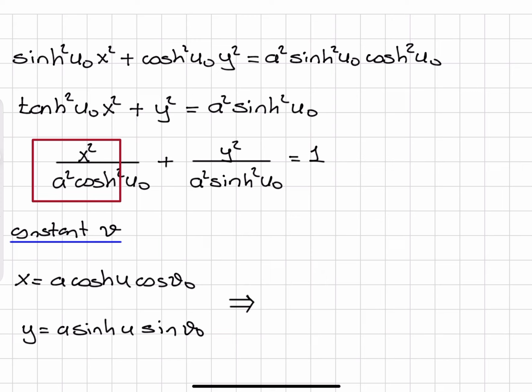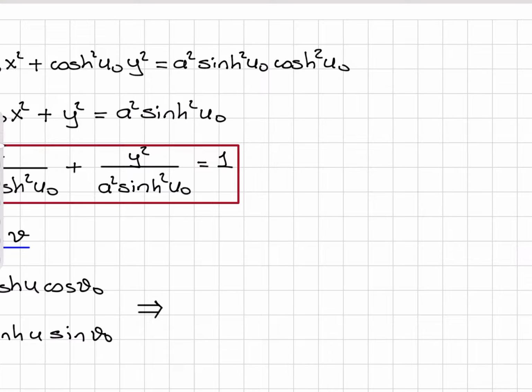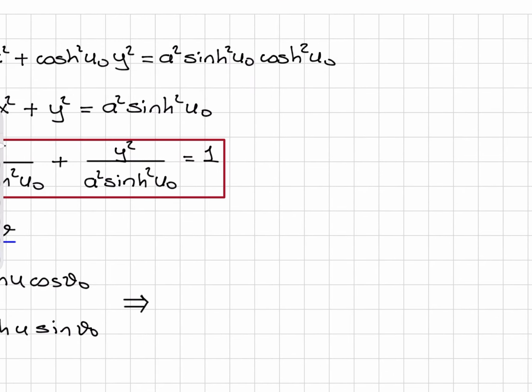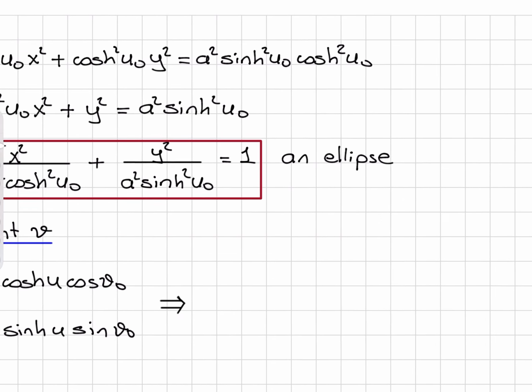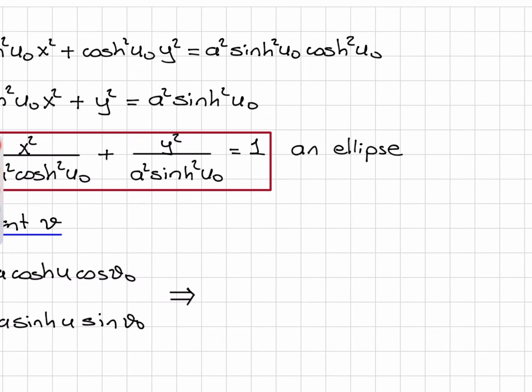So I obtained this equation, which is describing an ellipse. I recognize it as an ellipse centered at the origin, because this is x minus 0 squared, this is y minus 0 squared.